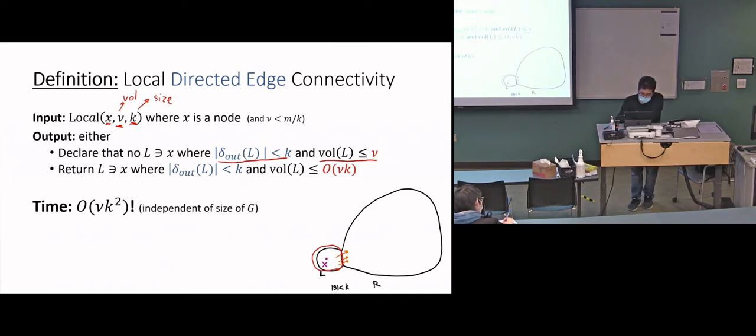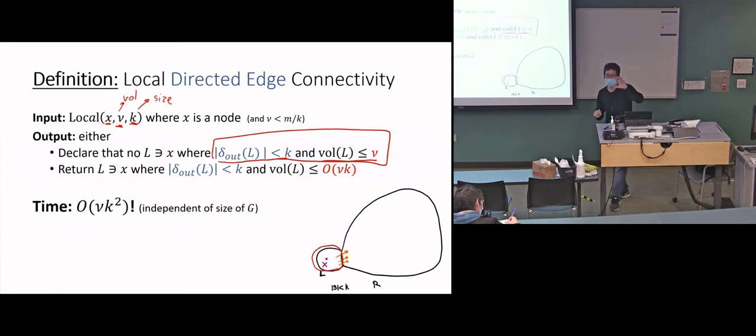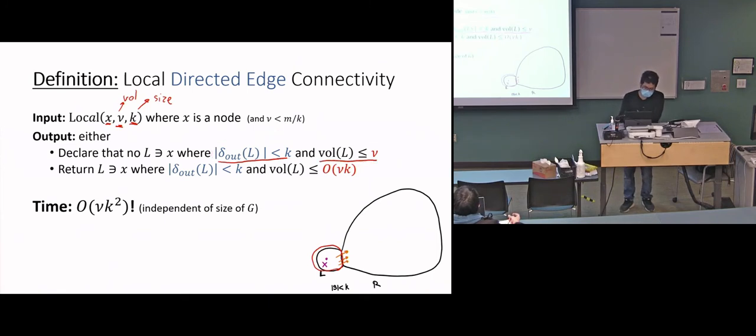If there exists such a thing, you think of it as a cluster, a small cluster containing x, and it's weakly connected to something outside. Here it says that no such thing exists.